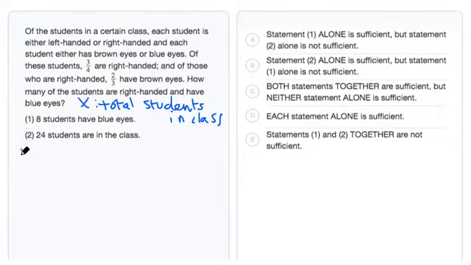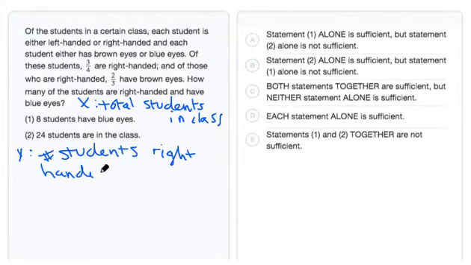Let's let Y then represent the total number of students that are right-handed and have blue eyes.